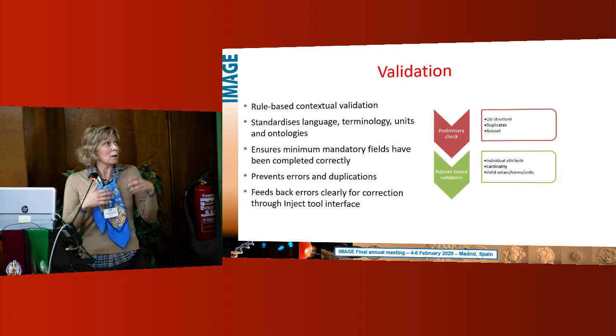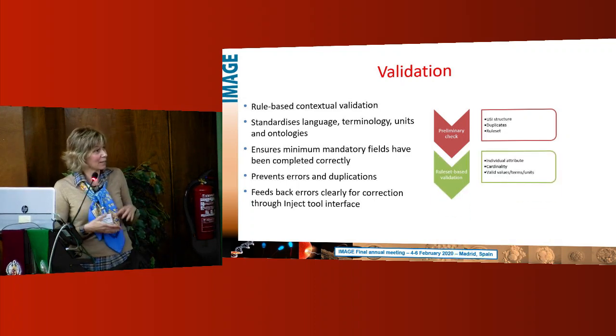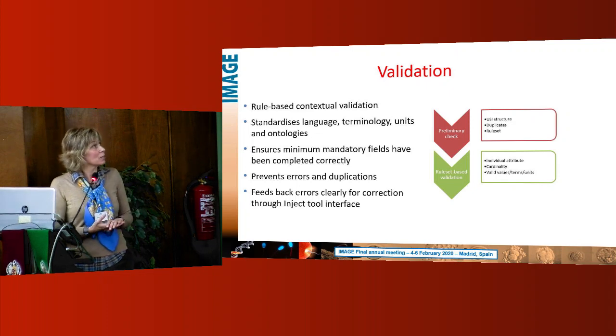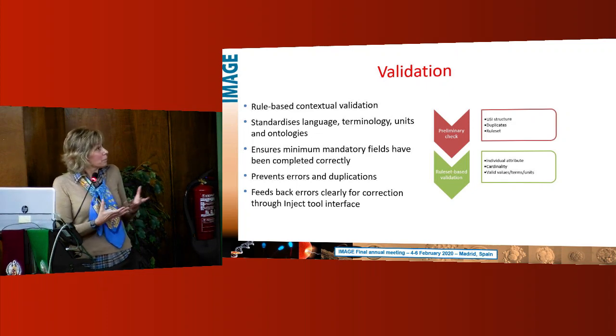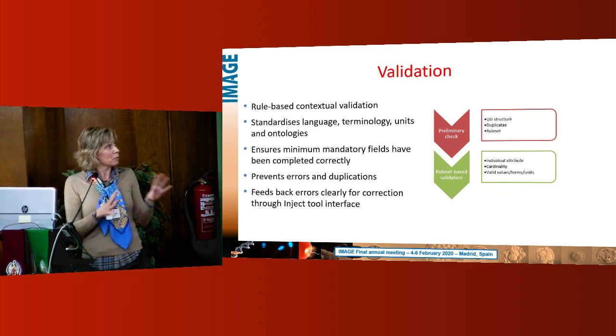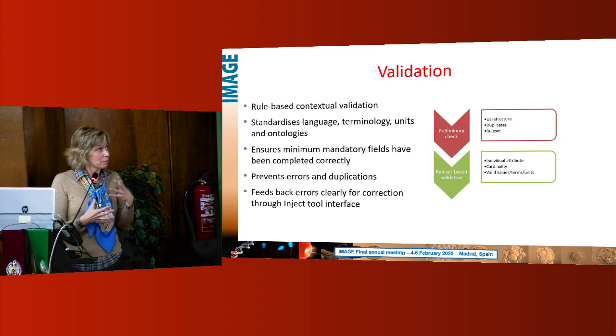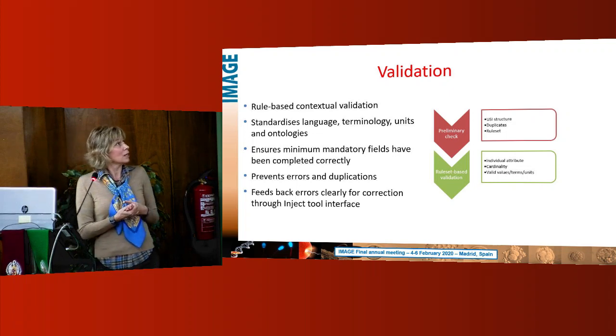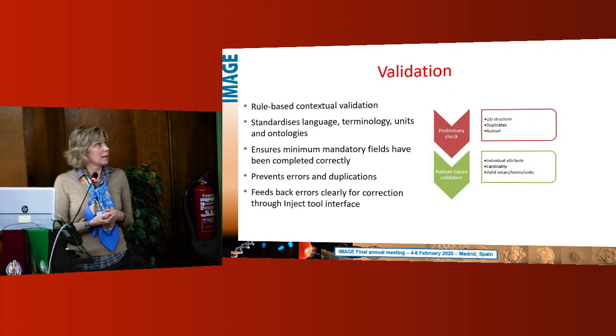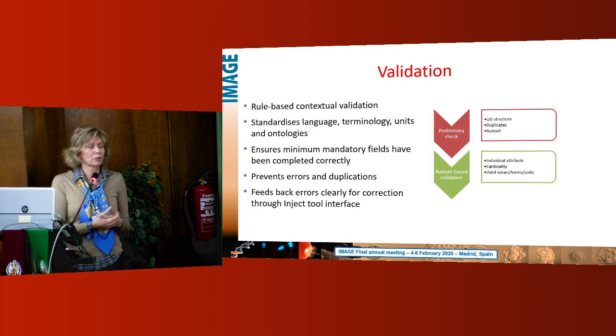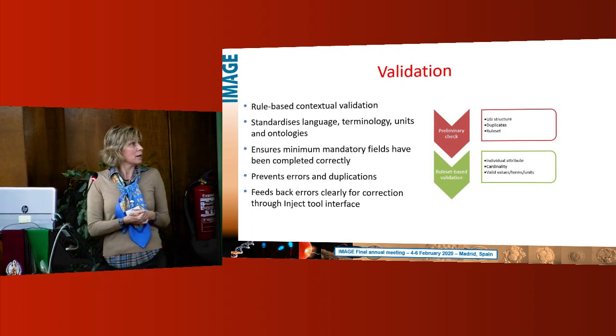And then a match with the standards and the rule set that we have developed to ensure that the minimum mandatory fields have been provided, and as well to standardize language, terminology, ontology with the rules that you have seen before.